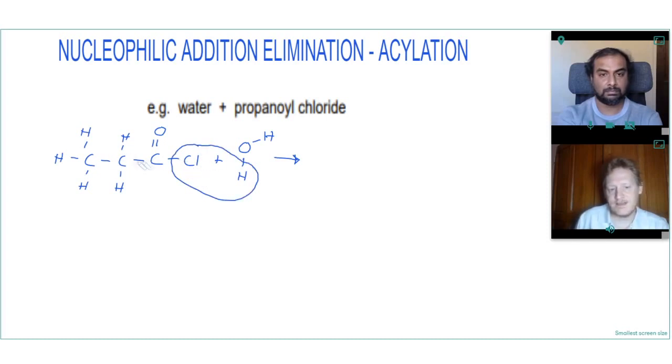And then if we join what's left, we're forming a carboxylic acid. So we can draw our carboxylic acid, which will be propanoic acid, and we get our HCl.